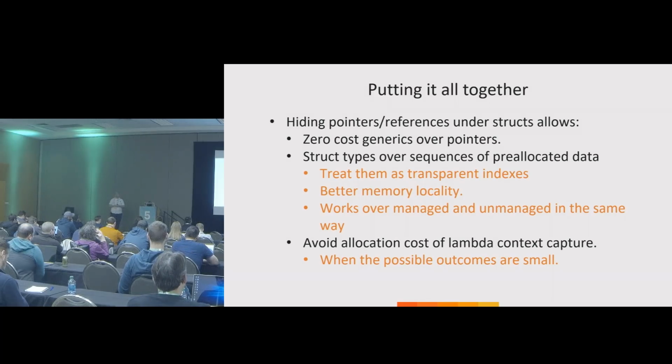And the cost of that abstraction is a long. An actual long on the stack. So it also allows you to avoid lambda context capture. Because if you have an indexer that you can put on top, you just pass the index.